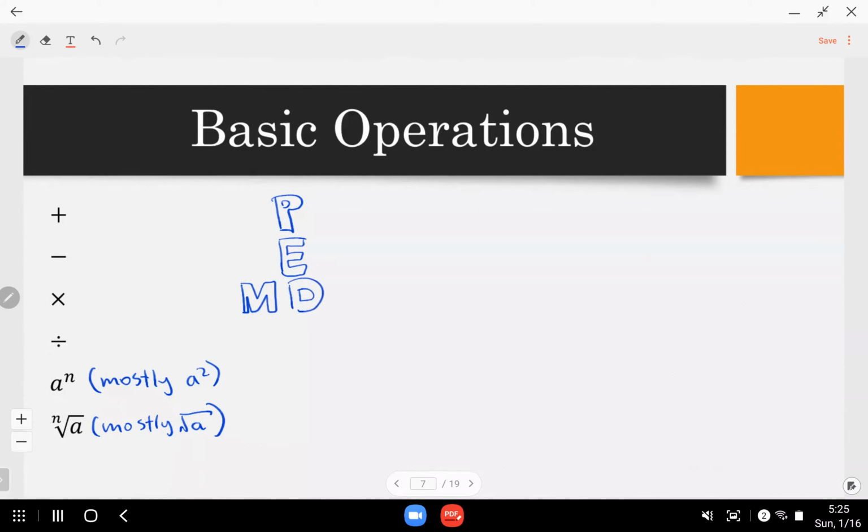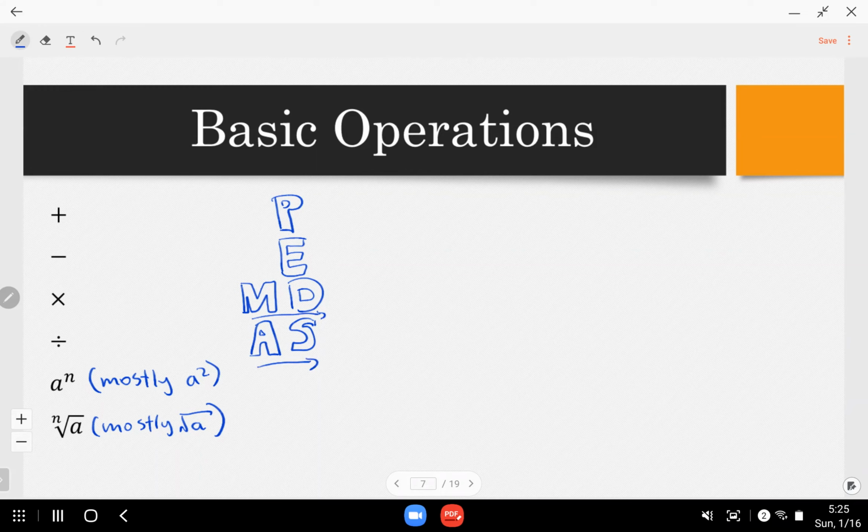And then you have addition and subtraction. They're also on the same level, which means you have to go left to right for this one as well. So parentheses, exponents, multiplication and division, and of course these two are left to right, and then addition and subtraction.